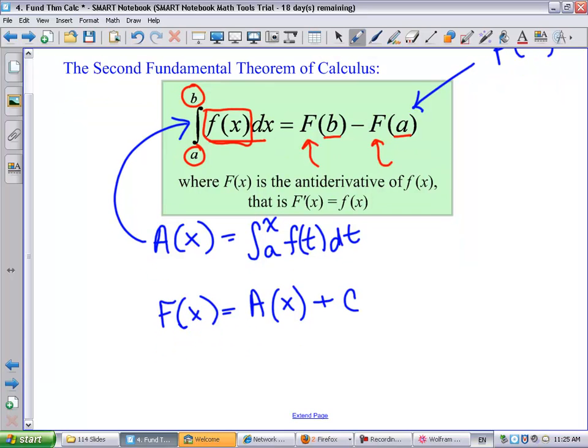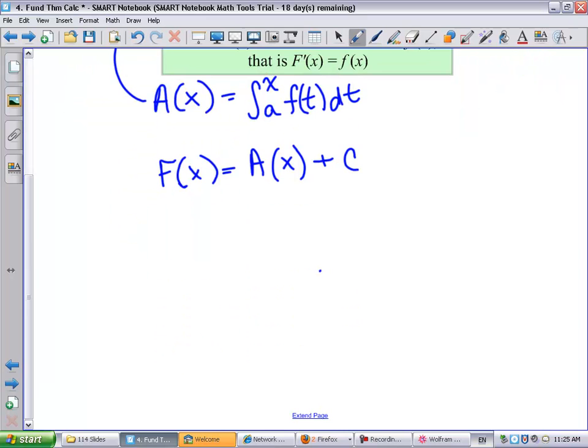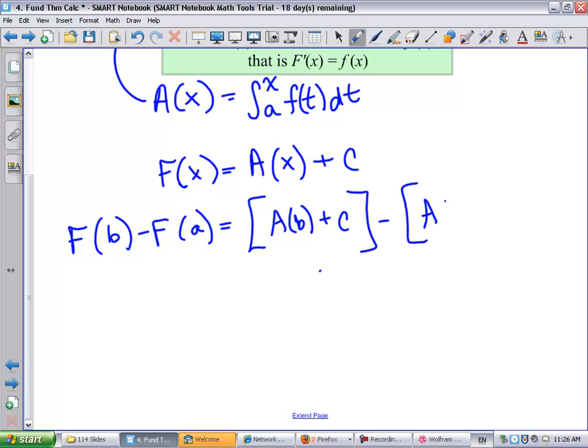Okay, so what if we're looking for capital F of b minus capital F of a? Well, that has to be capital A of b plus c minus capital A of a plus c. But notice something. Capital A of a is the integral from a to itself of f of t dt. And you know that if you take an integral from a number to itself, it's infinitely skinny.